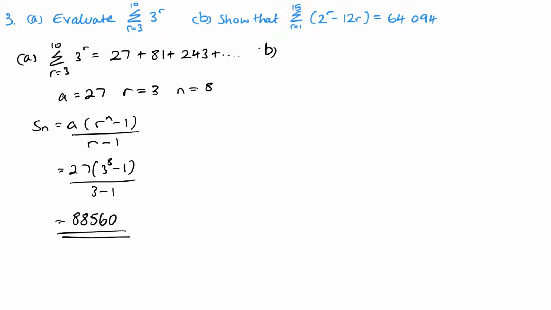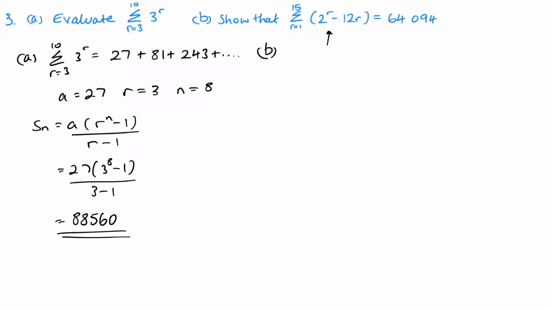Now, for question part B, we've got a little bit more of a challenging one, because if I start substituting 1 into here, I'm actually not going to get a geometric or an arithmetic series. So actually what I want to do is think of splitting this up.